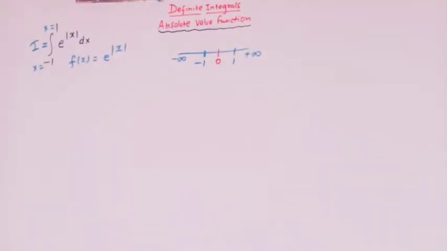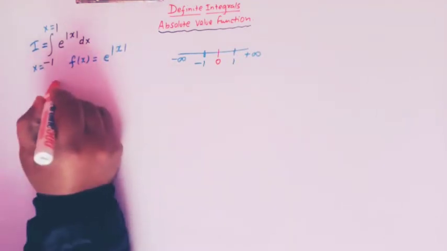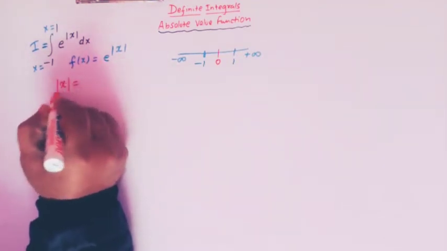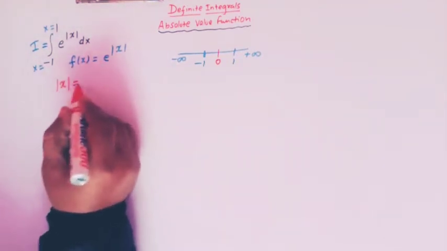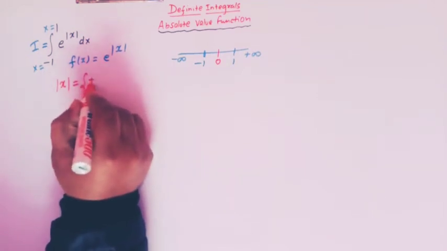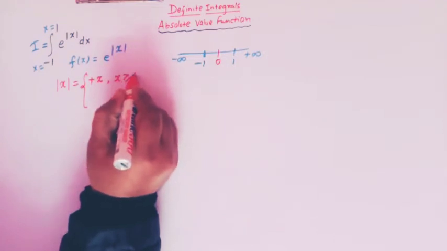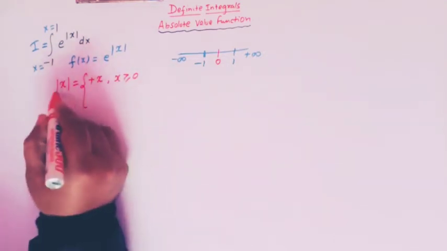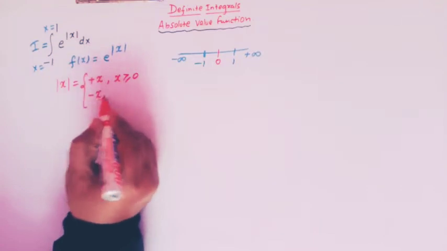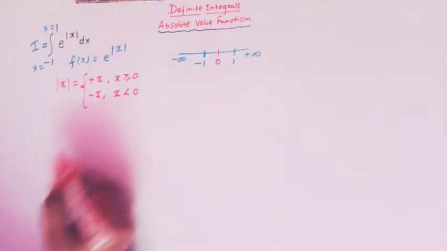Now from the definition of absolute value function, mod of x is equal to positive x whenever x is greater than or equal to 0, and mod of x is equal to minus x whenever x is less than 0.